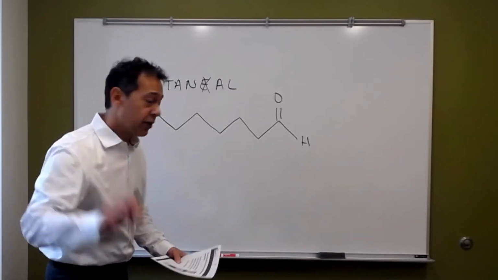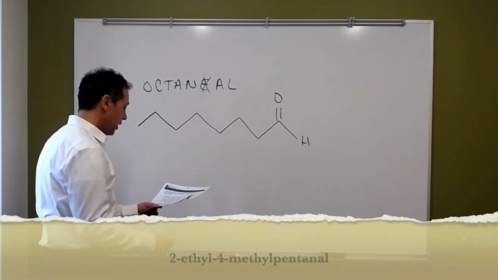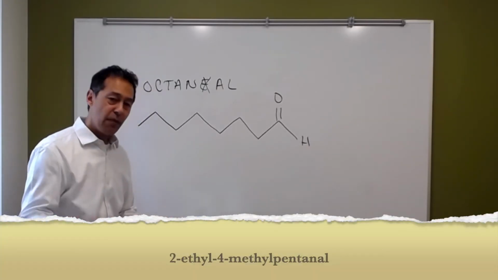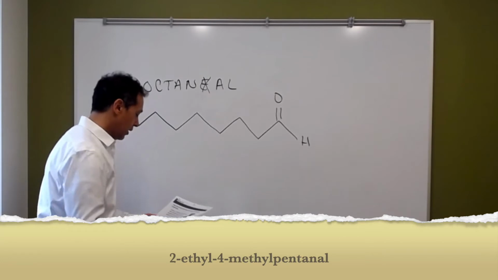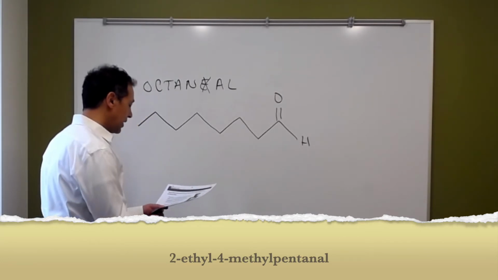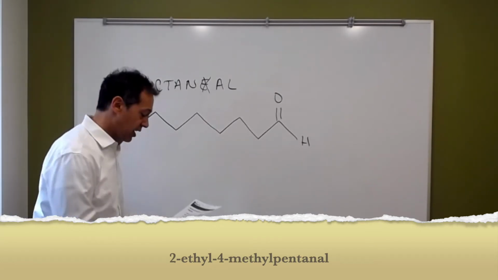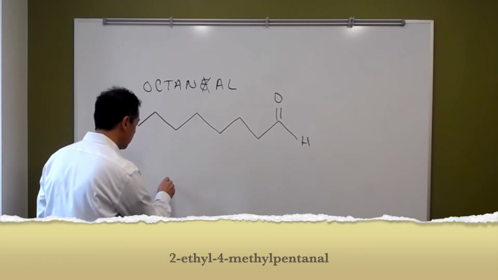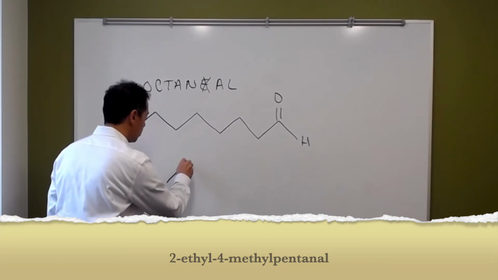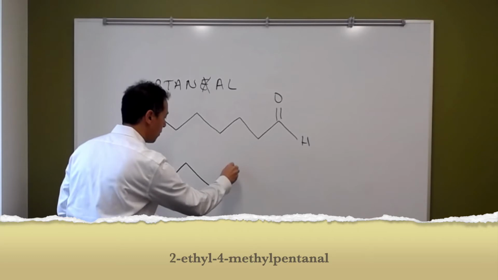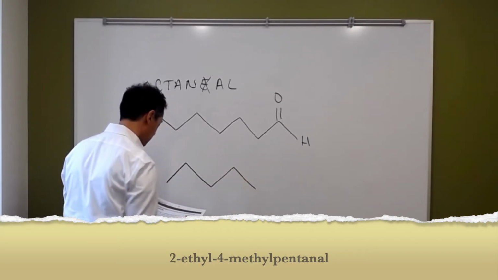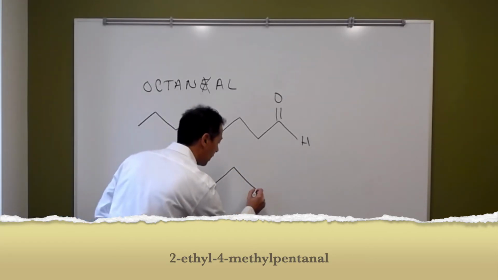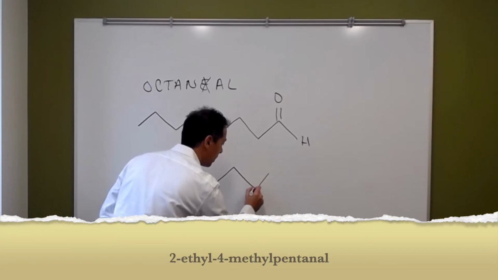Now, another one here, let's try 2-ethyl-4-methylpentanal. So pentanal means there's 5 carbons in it. So I'm going to go 1, 2, 3, 4, 5 carbons like this. Okay, and I'm going to add my aldehyde ending on here.